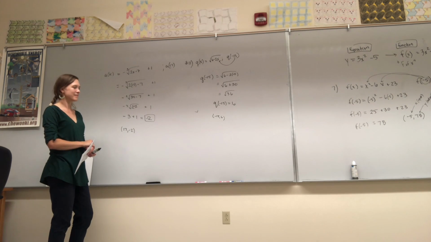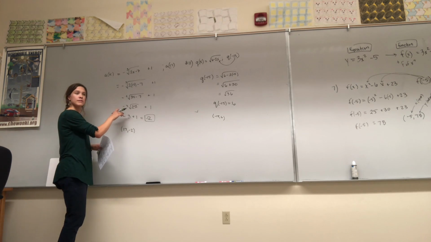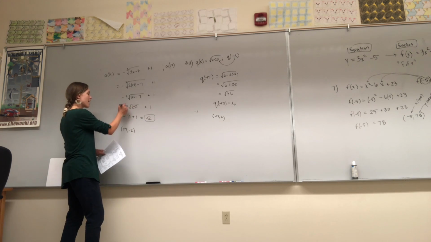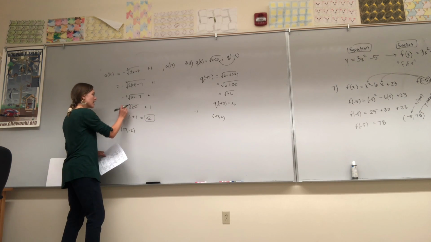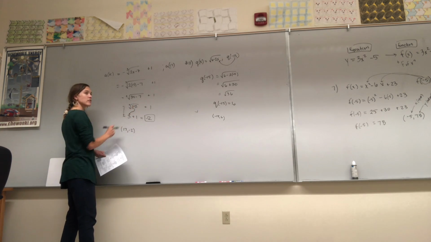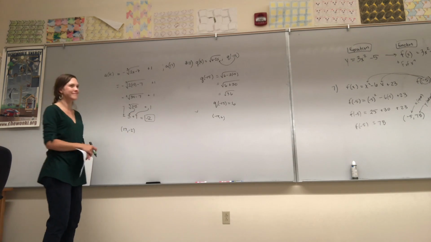I have a negative on the outside here, so I just brought that down. The cube root of 27 is 3, plus 1, because it's a perfect cube.